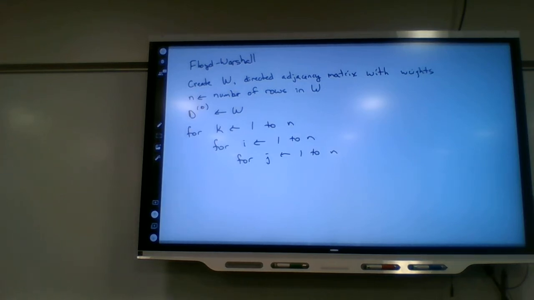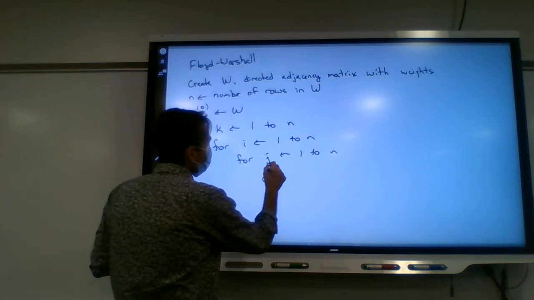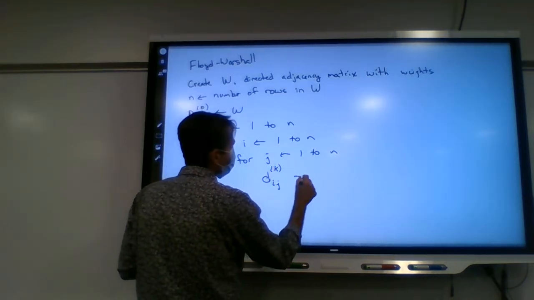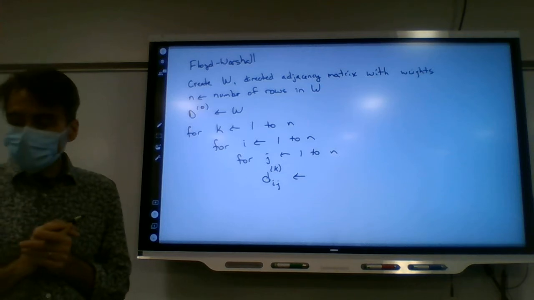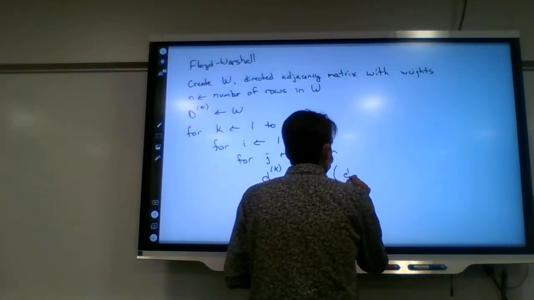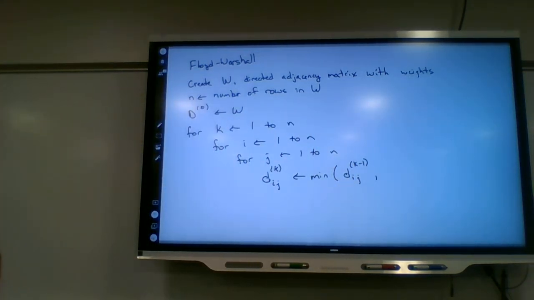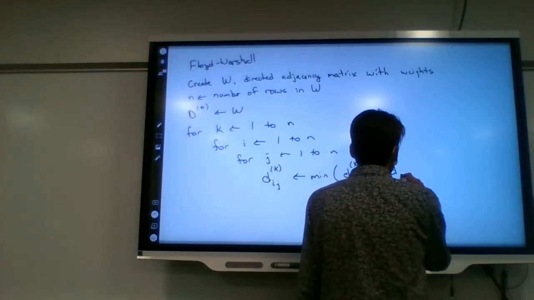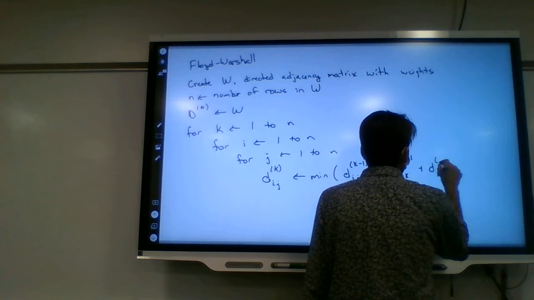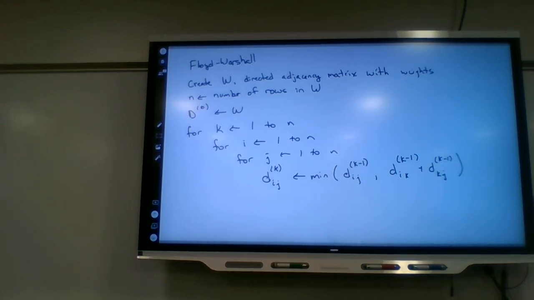And what we're going to do is get the entry for row column ij in K, which is going to be the minimum of the corresponding entry in matrix K minus 1, or the sum of I to K and K to J in the matrix before.